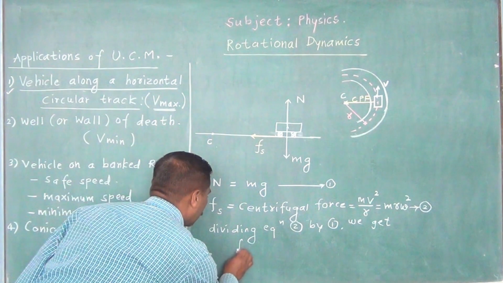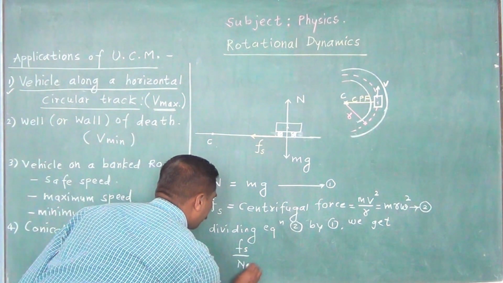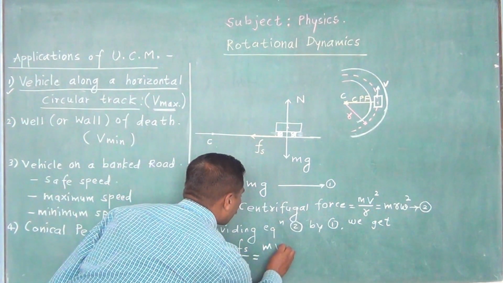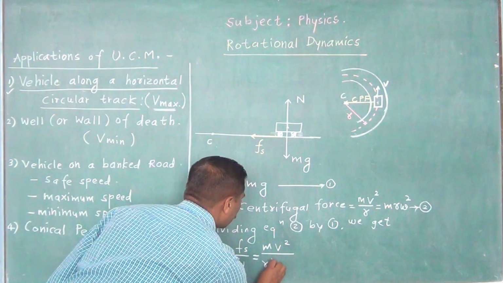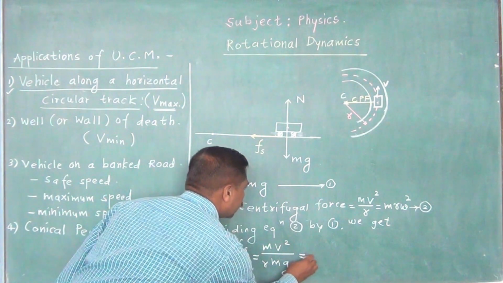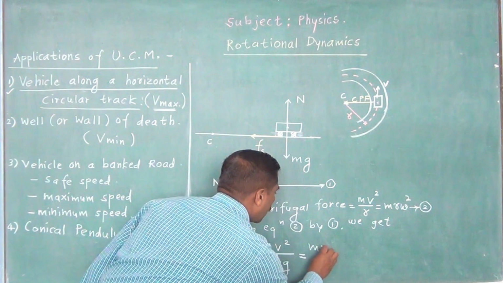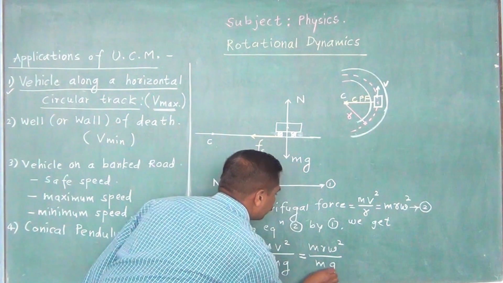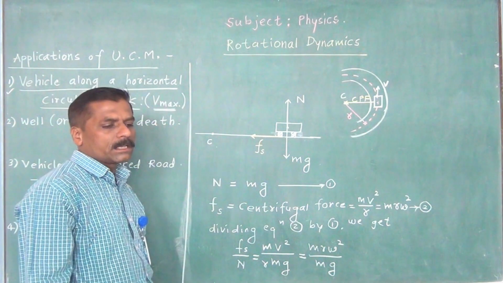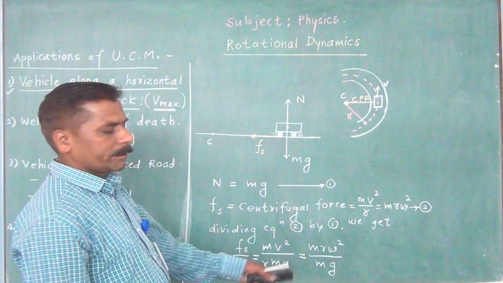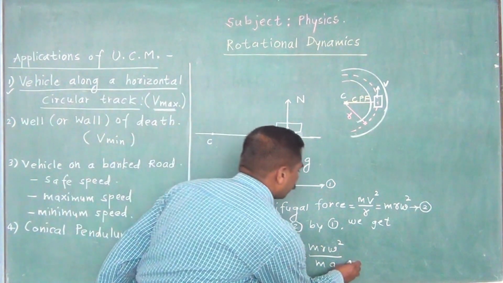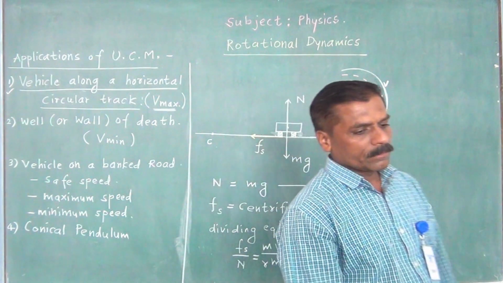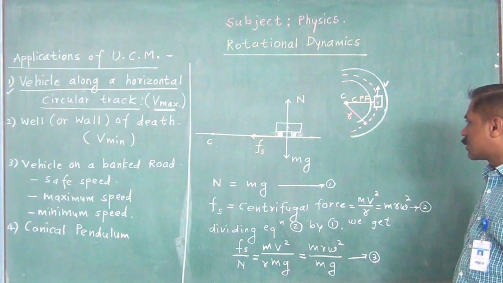So you will get Fs divided by N is equal to mv square upon r divided by mg, which is equal to mr omega square divided by mg. So dividing equation 2 by 1, these are the steps. Suppose this is equation number 3. Now you will get these relations.